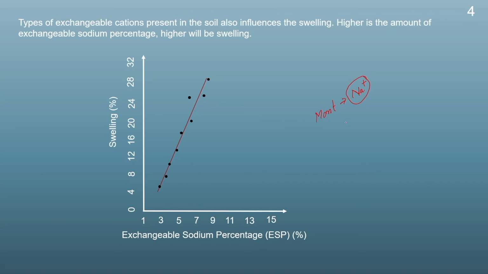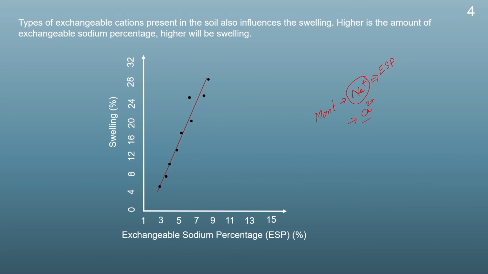At the same time, if montmorillonite has more calcium as an exchangeable cation, the swelling will be least. And we have already learned that the amount of sodium present in a mineral can be expressed in terms of exchangeable sodium percentage.